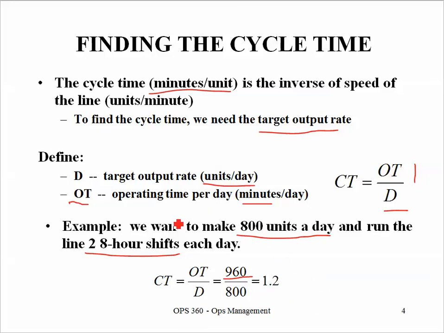And my target output, my demand, is 800 units per day. So 960 minutes per day divided by 800 units per day gives me 1.2 minutes per unit as my cycle time. If I want to run 2 8-hour shifts per day and make 800 units a day, that means I have to have a unit coming off the line every 1.2 minutes.